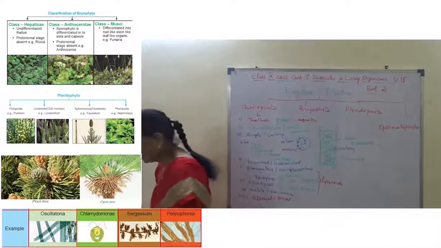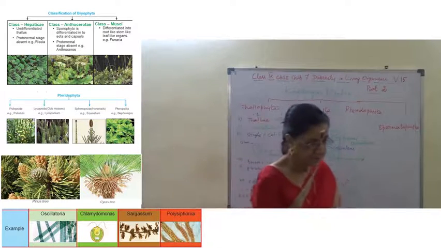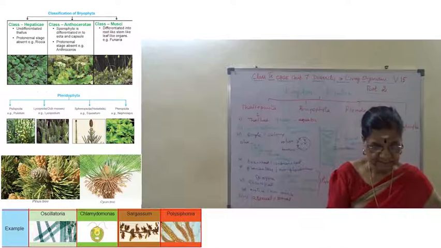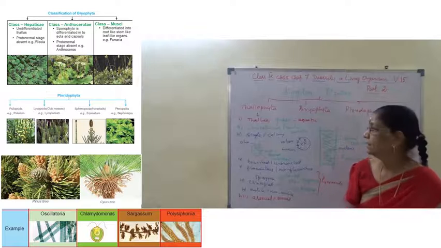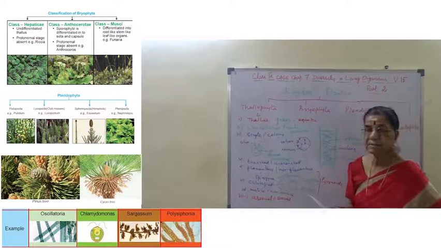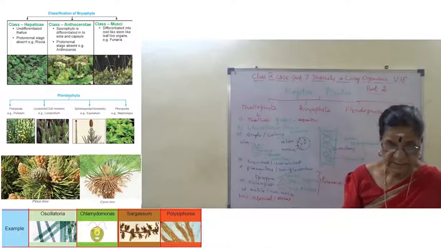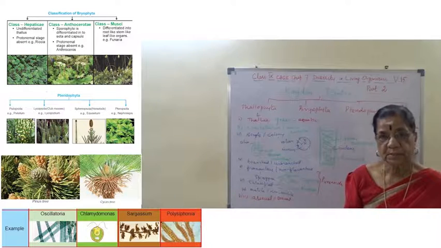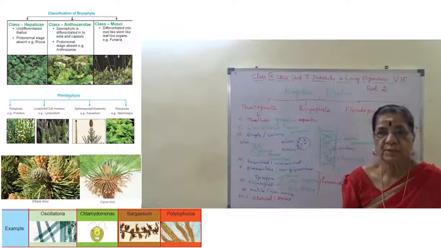So first, I will just repeat this as classification of the plant kingdom. It is kingdom Plantae. First one, division Thallophyta, where the plant body is thallus, then Bryophyta, Pteridophyta, and Spermatophyta.